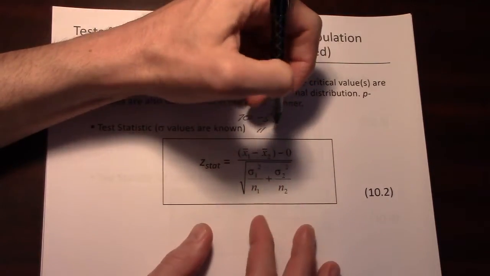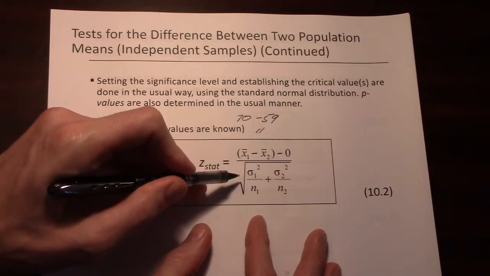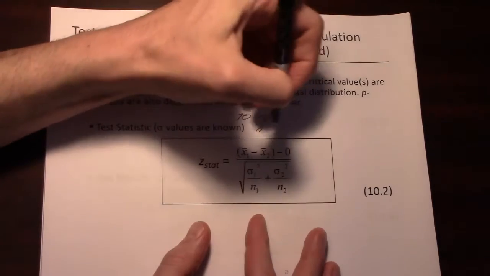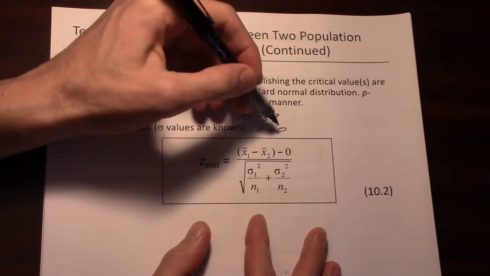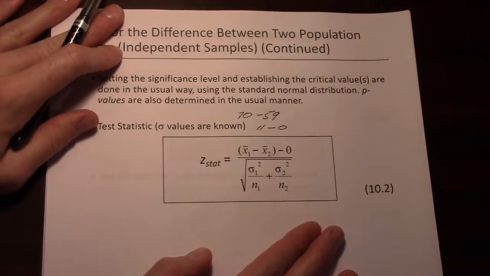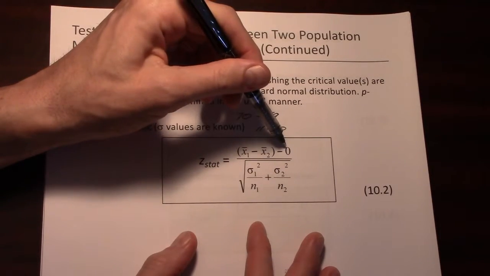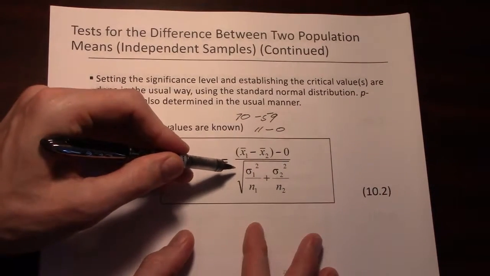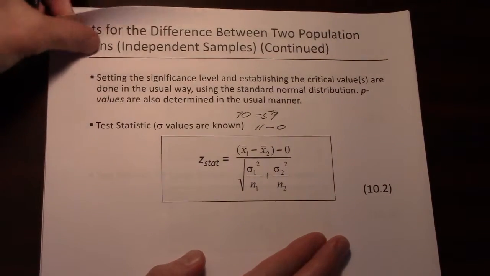And we want to find out how many standard deviations 11,000 is above the mean that we would expect under the assumption that your null hypothesis is true. And then this minus 0 because we're just saying how different is it from 0. Okay, so this is our sample data. This is based on our null hypothesis of saying 0 difference. And then we divide by the standard deviation of the sampling distribution of sample mean differences. And we know that formula.